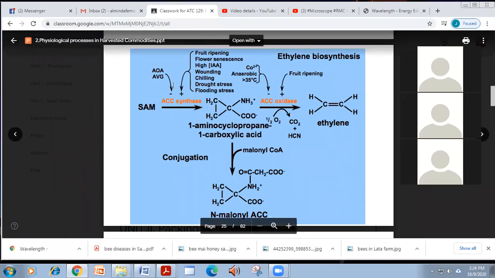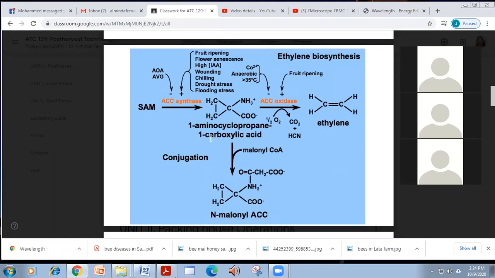Positive means it enhances the enzyme to create this ACC, or amino cyclopropane carboxylic acid, which is the precursor for ethylene production. So this is the ethylene. You have two enzymes here that are responsible for the conversion from the methionine pathway, or SAM.